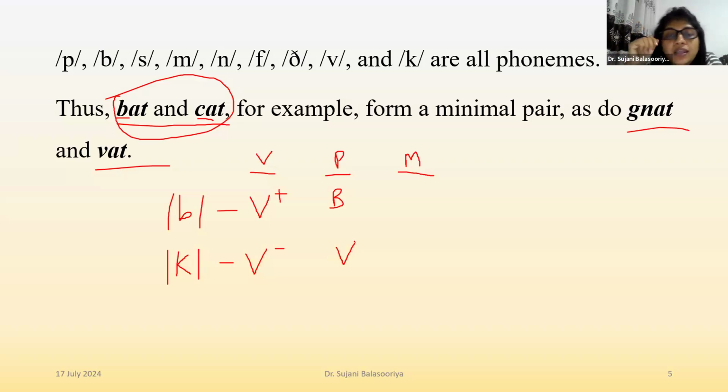So regarding place of articulation too, b and k are different. Two different places. And talking about the manner of articulation, do you think b and k are same or different? If you can, yeah, guess. Same or different, b and k?